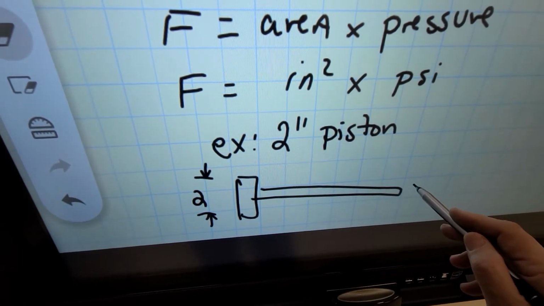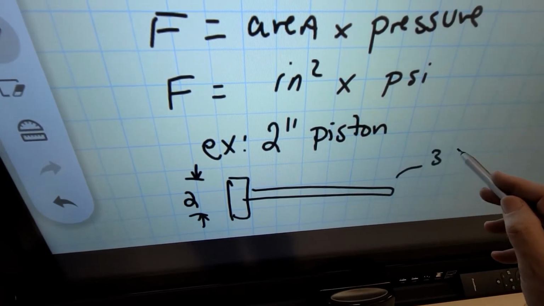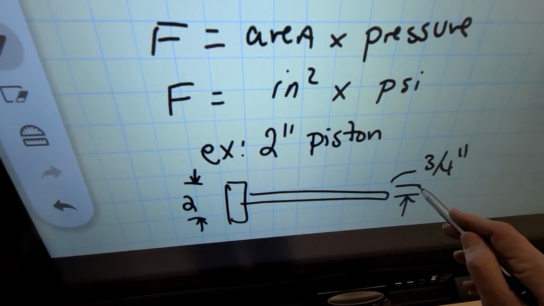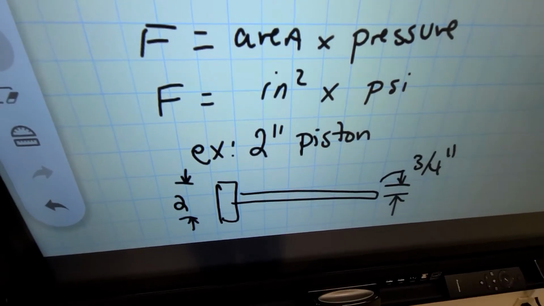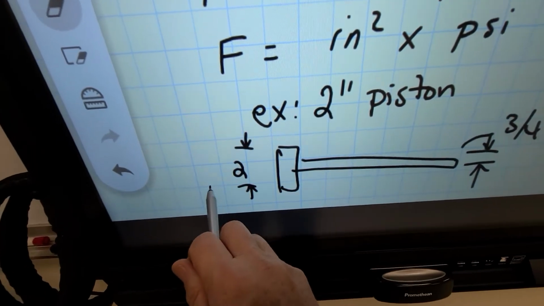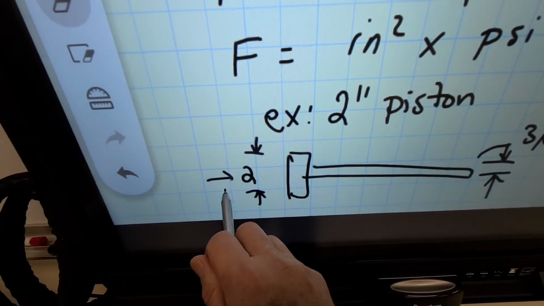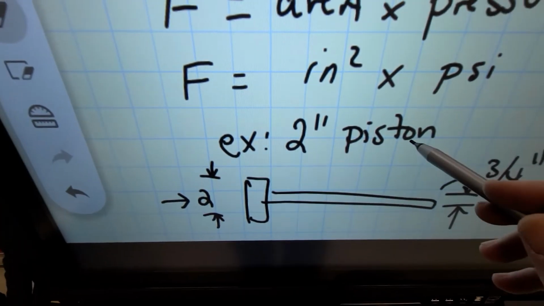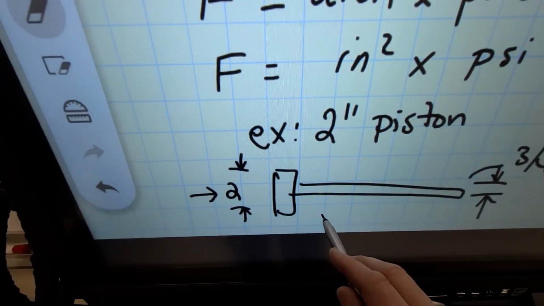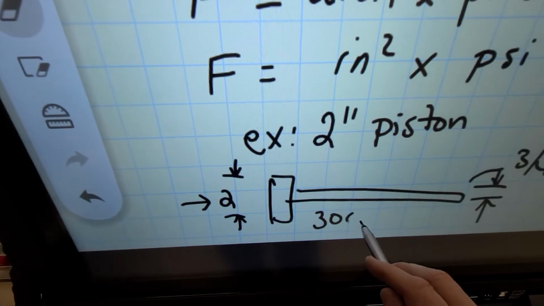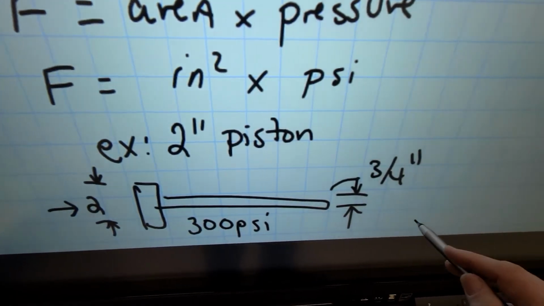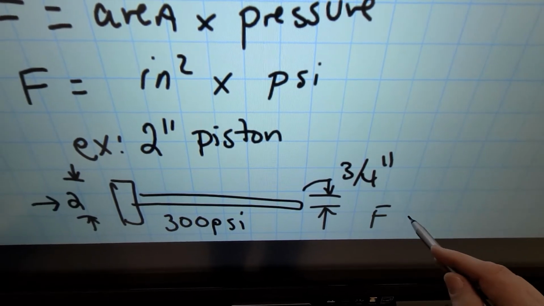Maybe I have a 3/4 inch rod diameter. If I'm putting pressure on the back side of the piston, not the rod side, let's say that I've got 300 psi.